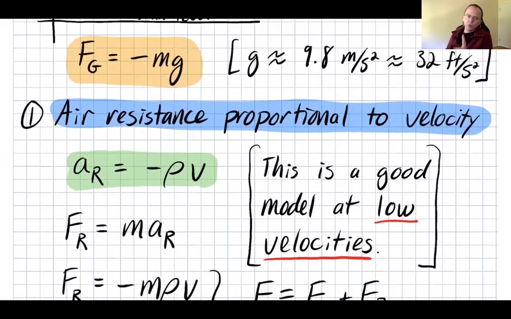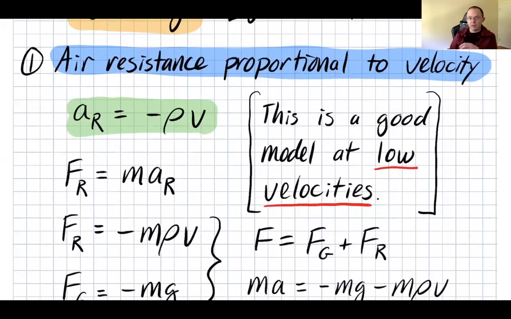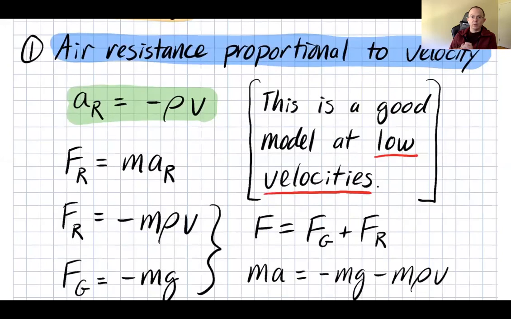There are two possibilities we're going to consider. The first one is air resistance proportional to velocity, which is very similar to the example that we just did with the car.